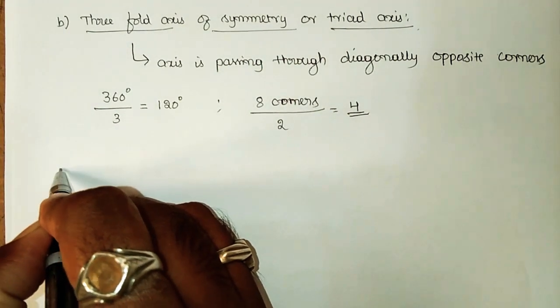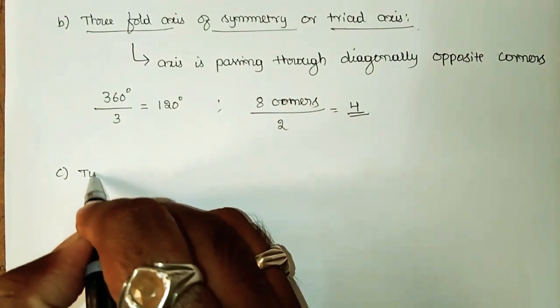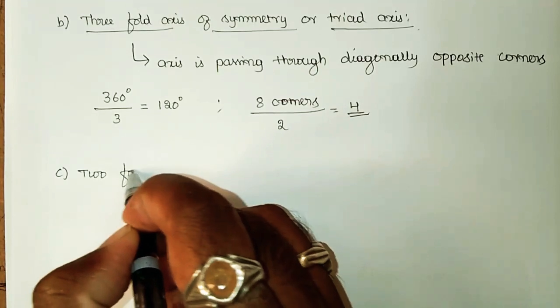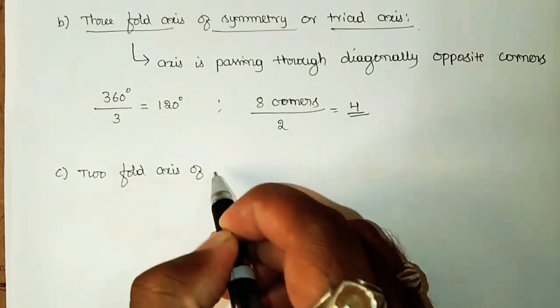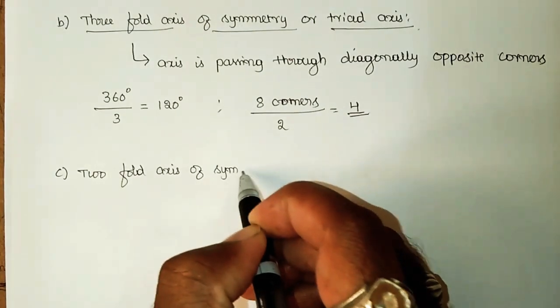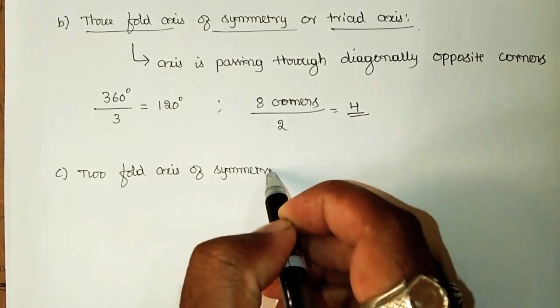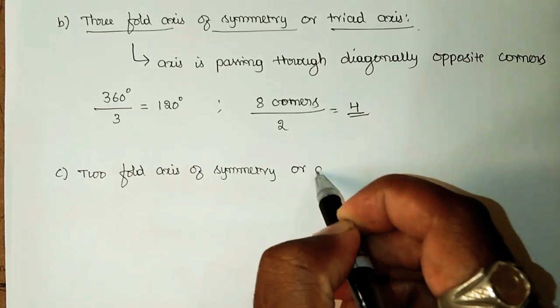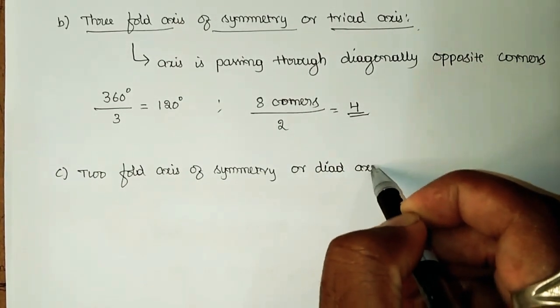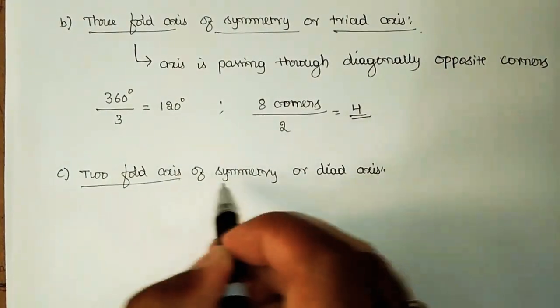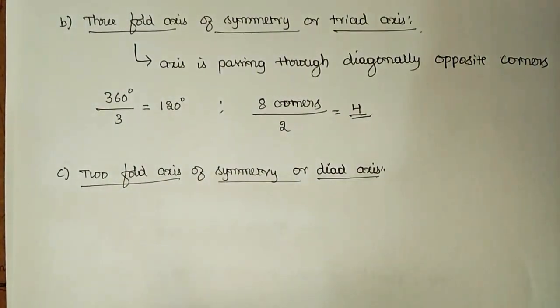And thirdly, twofold axis of symmetry, which is also called a dyad axis. Twofold or dyad axis.